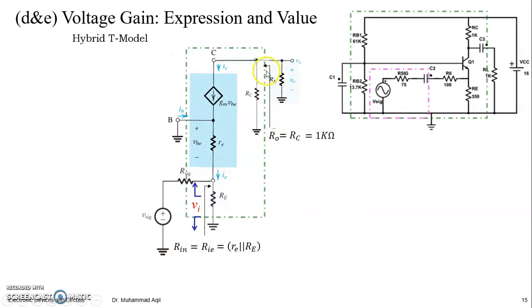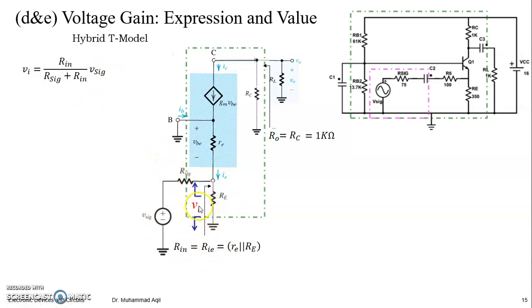How about Rout? When looking into the stage, you can see only RC, which is 1 kilo ohm, right? So what would be the Vin of this? Vin will be Rin divided by Rin plus R signal prime, times V signal, right? And what is Rin? It is RiE, right?